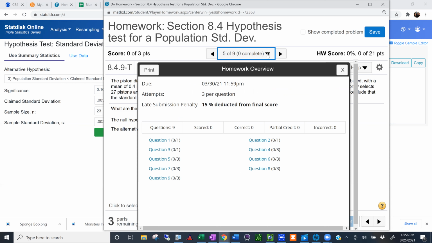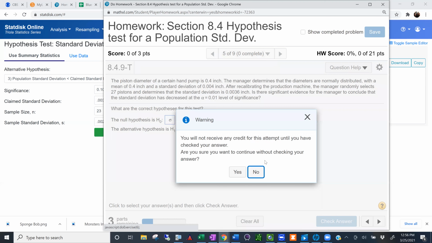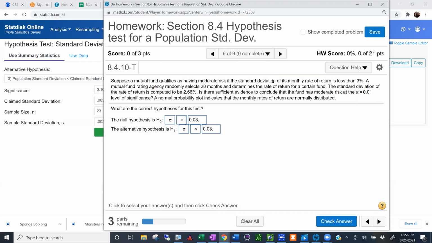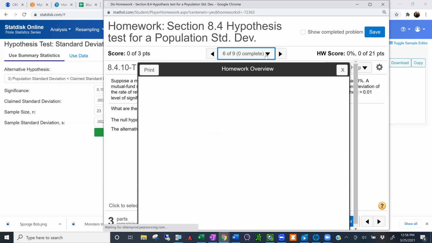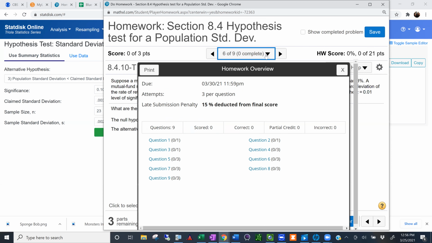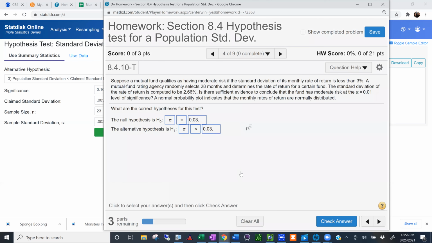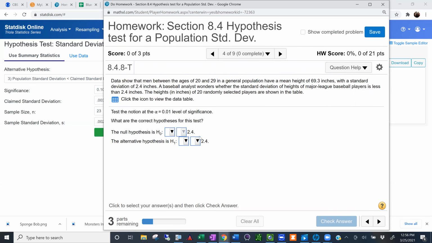I don't remember, 5 or 6, one of them. Let me try 6. No, 6 doesn't have data. We are going to do one like 6. It's kind of neat. It's an application of statistics to mutual funds. Maybe 4. Yeah, here we go. All right, so let's do 4 then. Okay, and let's see what happens.